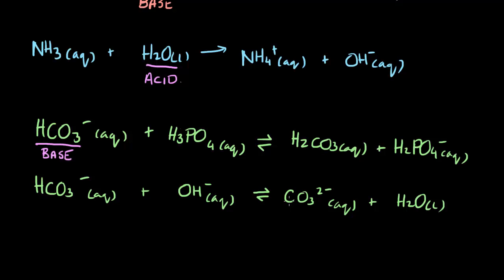It has donated a proton, and therefore this substance is an acid in this case. So once again, depending on what substances you react the hydrogen carbonate with, it can either act as a base by accepting a proton, or it can react as an acid by donating a proton.